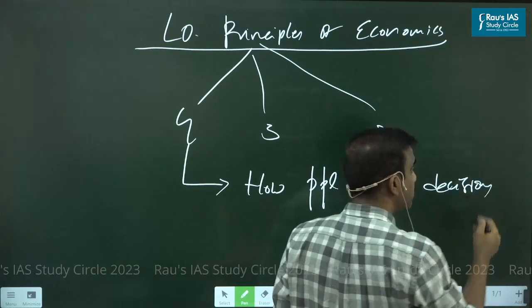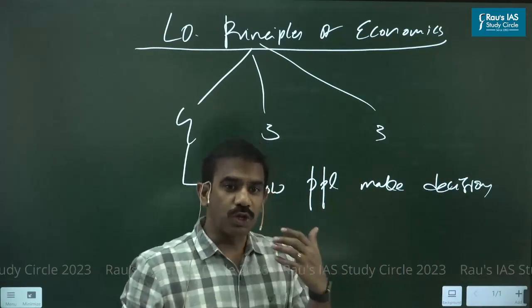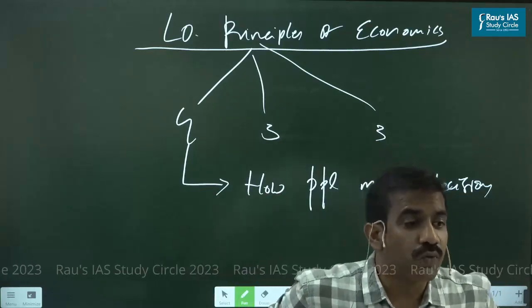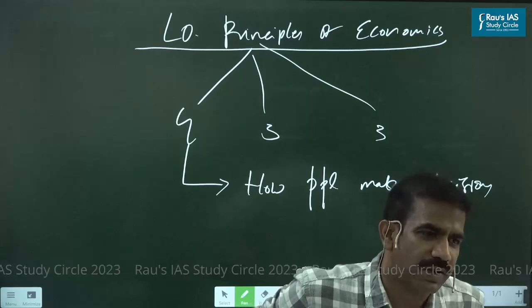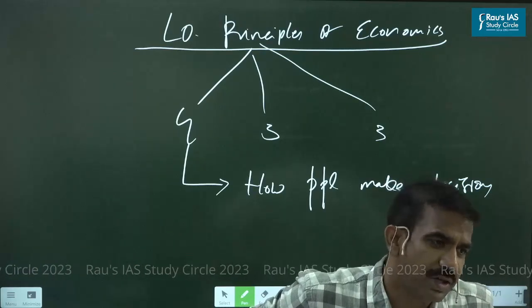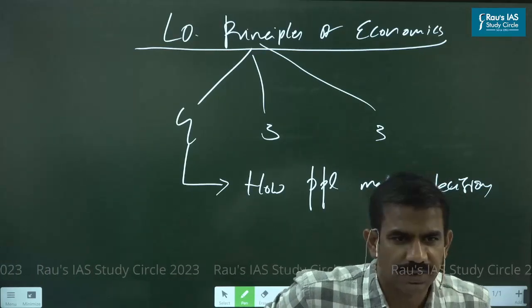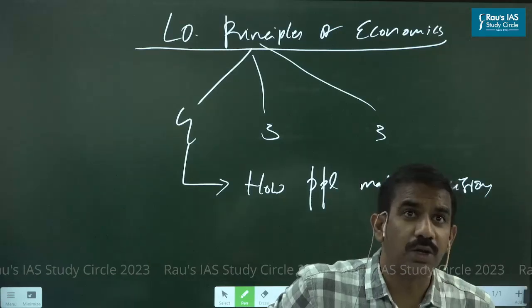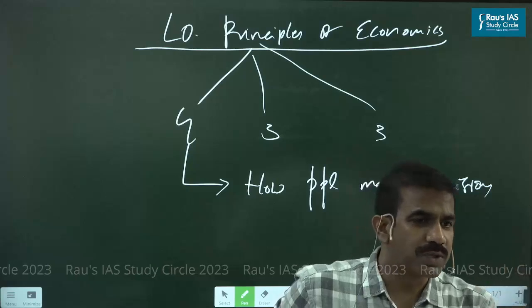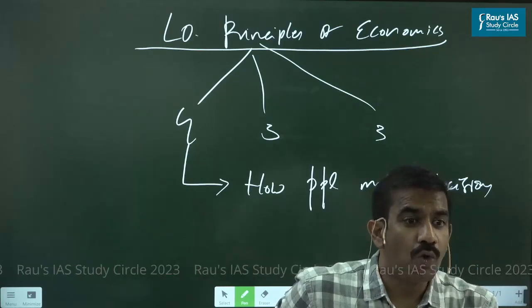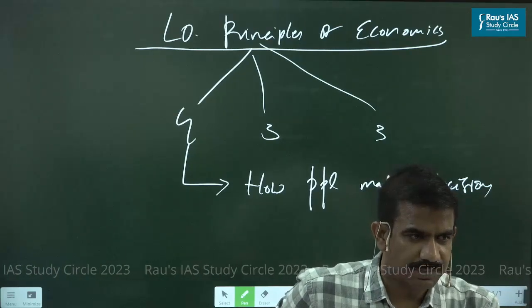What's the science behind making decisions? What's the logic behind making decisions is what we'll try to understand. Got it? And what are those principles? I will let you know, but the first 4 principles help you understand how people make decisions.